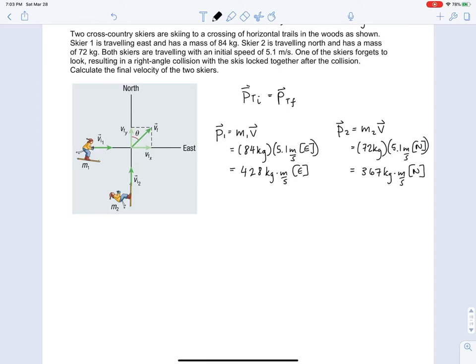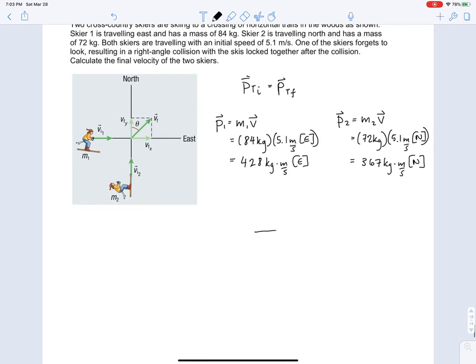Very good. The momentum of mass number 1 plus the momentum of mass number 2 will equal the total final momentum, because these two objects will stick together.